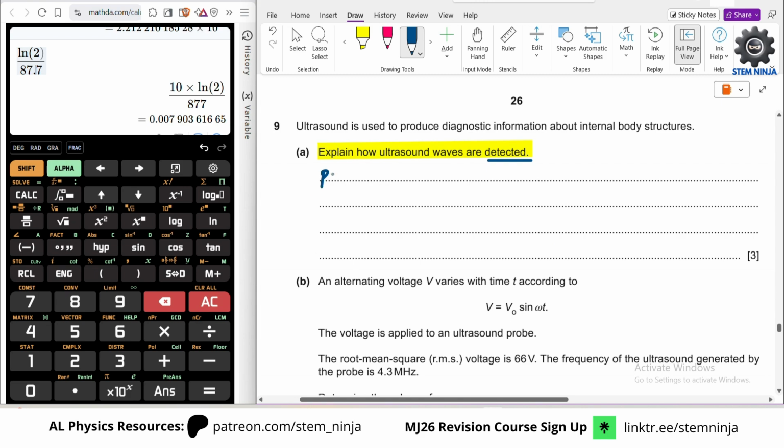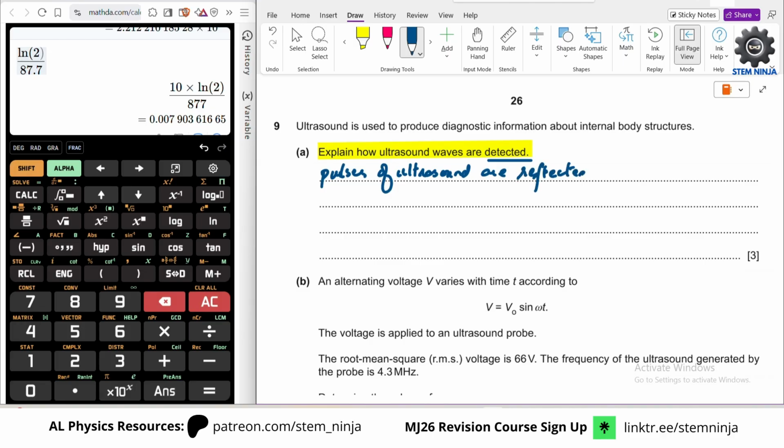So, pulses of ultrasound are reflected by the boundaries between the tissues.